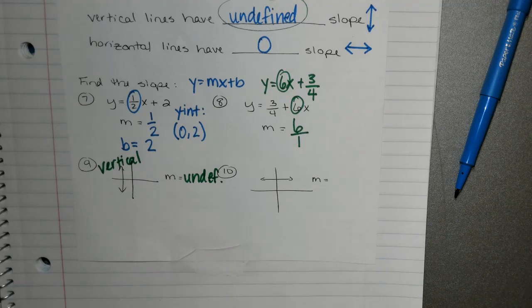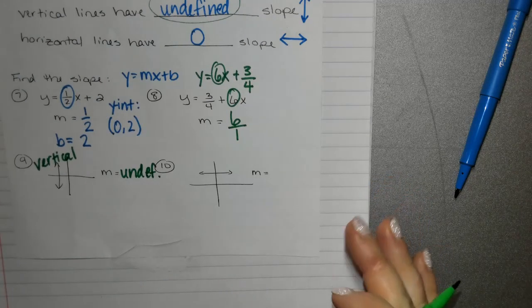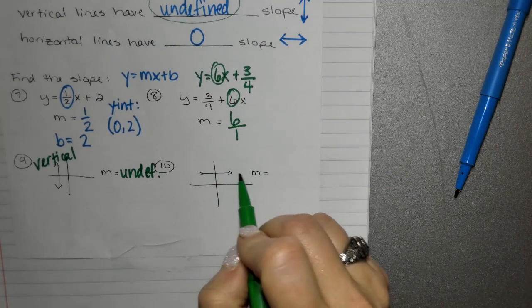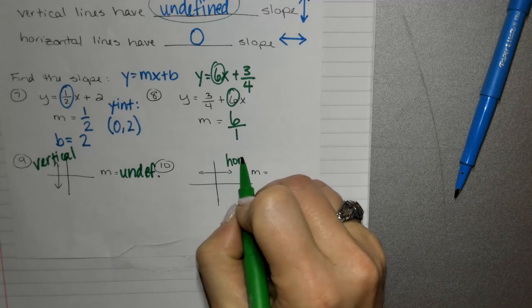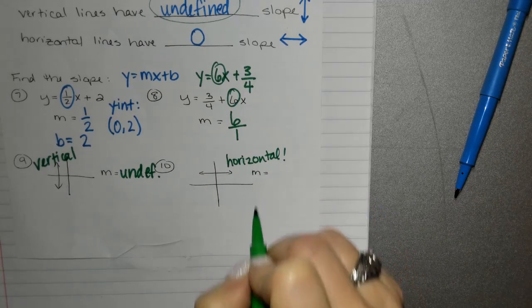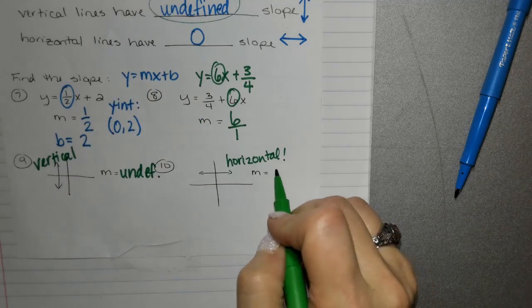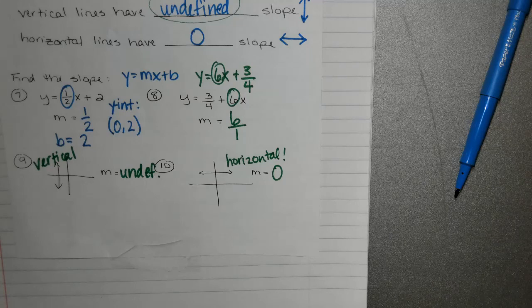Because it's a vertical line. Okay? And then here we have a horizontal line. So what is this one going to be? Look at your notes. Horizontal lines have a 0 slope. Your m is going to be 0.